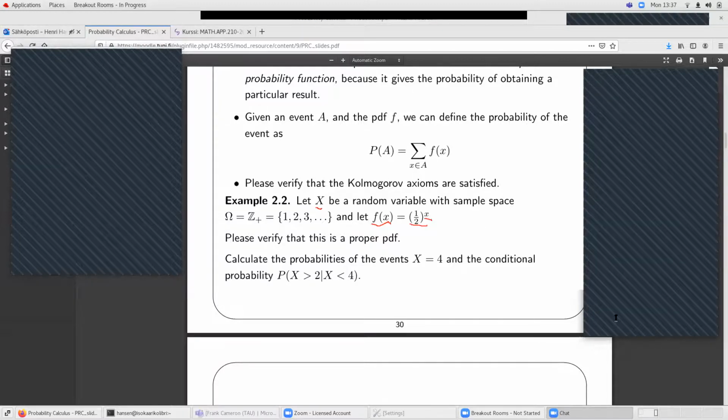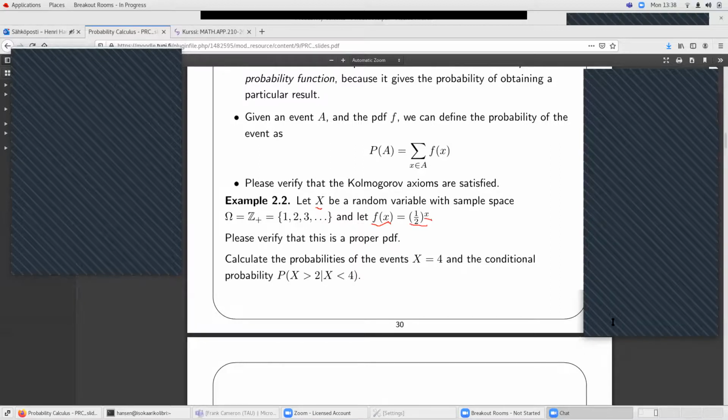What cases does this refer to? The possible cases of X smaller than 4 are the cases 1, 2, and 3, right? And of these, the only possibility is X equal to 3. There are a lot of suggestions, all of which are very nice.